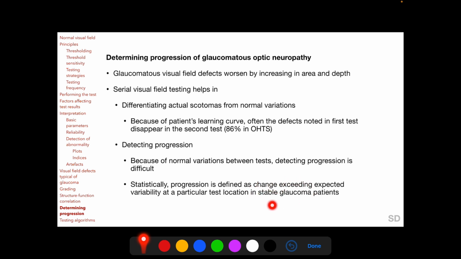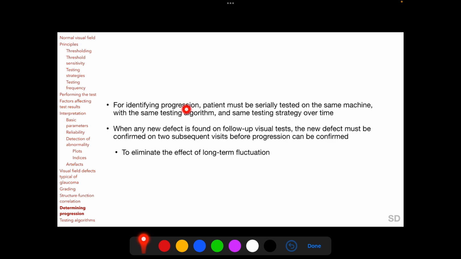We may recall here that the StatPack2 software package has normative data of threshold sensitivities at various locations in stable glaucoma patients. So for identifying progression, patient must be serially tested on the same machine with the same testing algorithm and with the same testing strategy longitudinally over time.